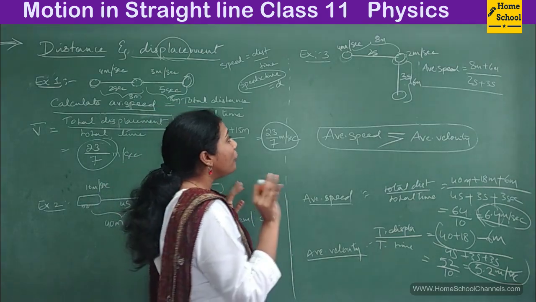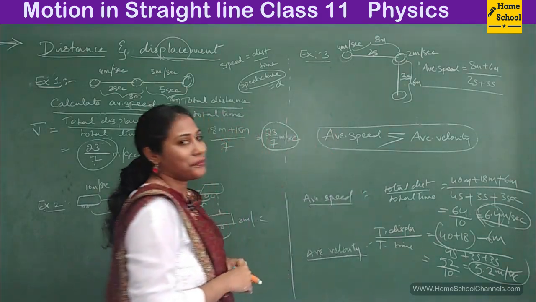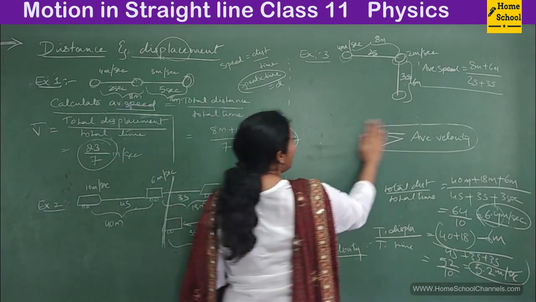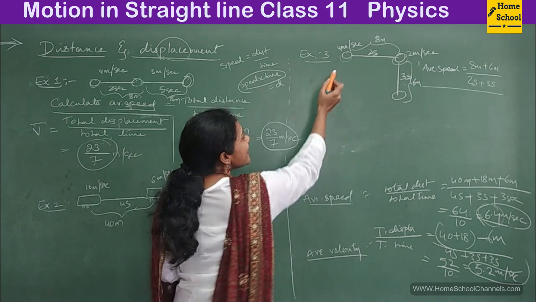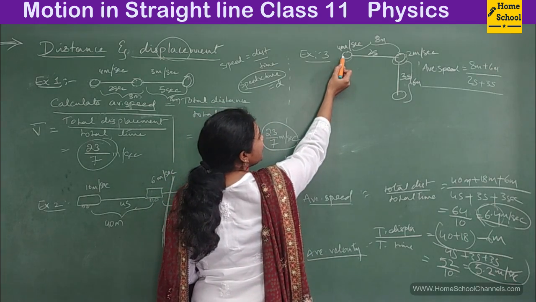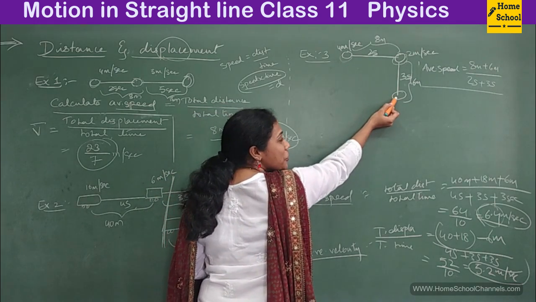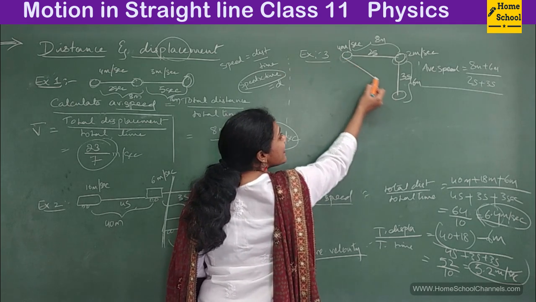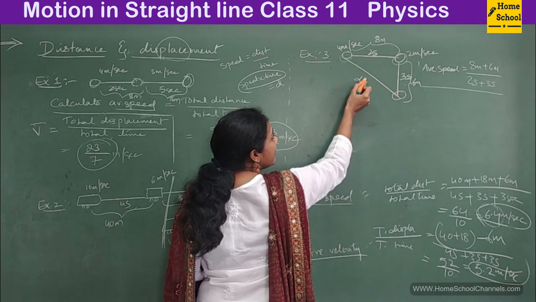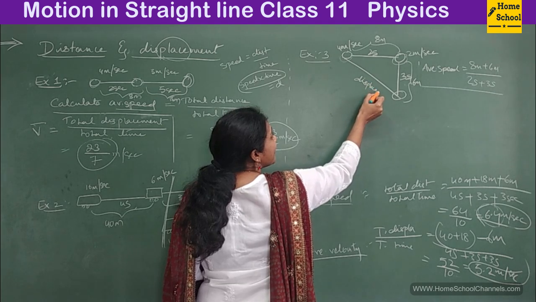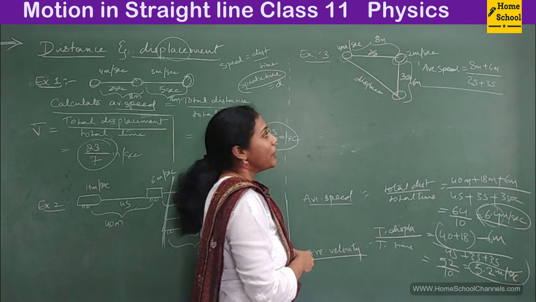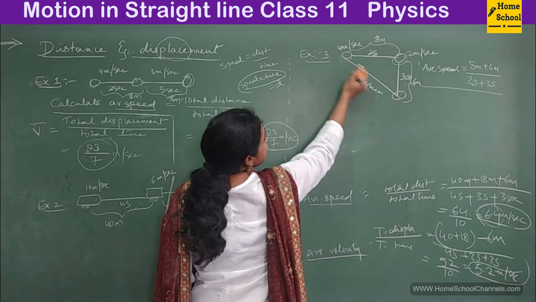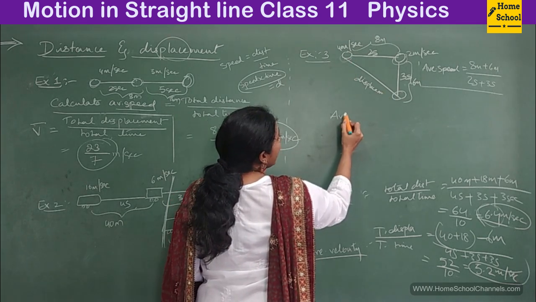But what about average velocity? Calculation of average velocity, you have to concentrate here. This is the initial position of an object and this is the final position of an object, and this much is your displacement, isn't it? So average velocity, how do you calculate?